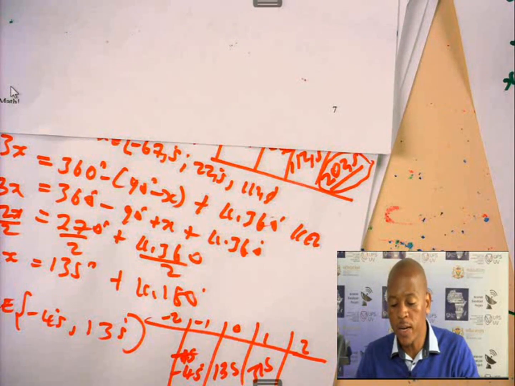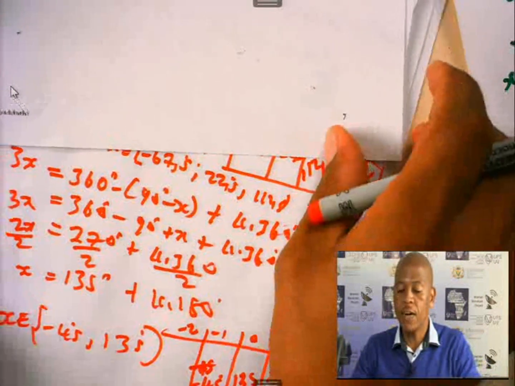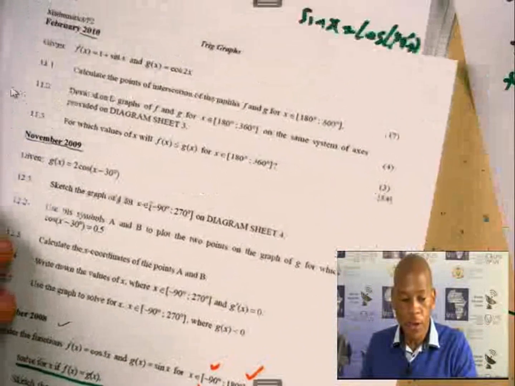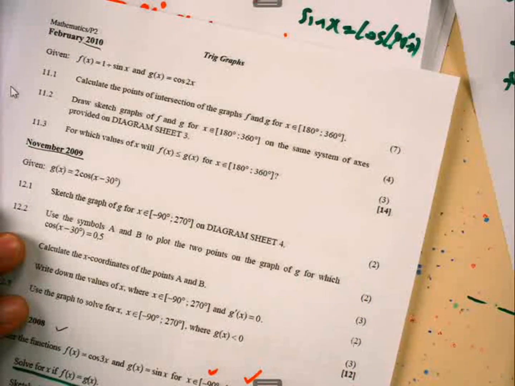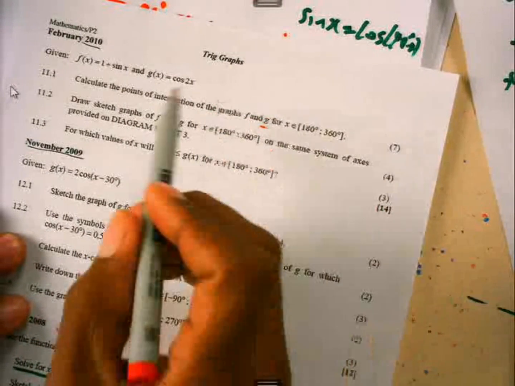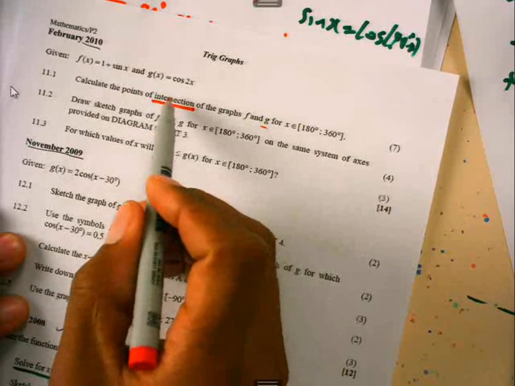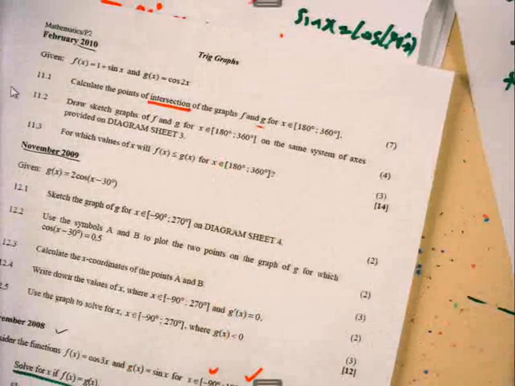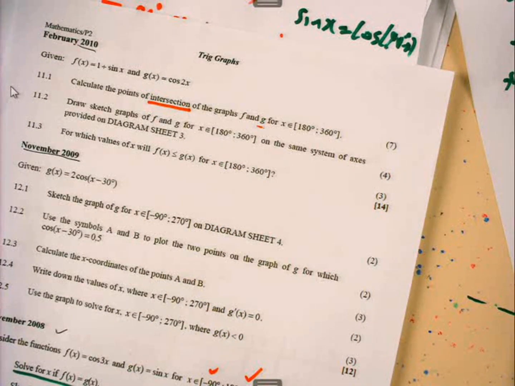Now you know that where the two graphs intersect each other, at that point the graphs are the same. Now we have more or less the same question here. Calculate the points of intersection of the graphs f and g. Where the two graphs intersect, we know that at that point the two graphs are equal.